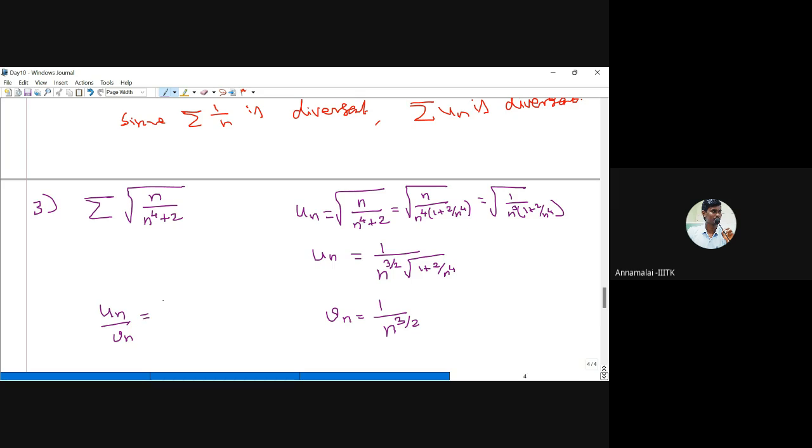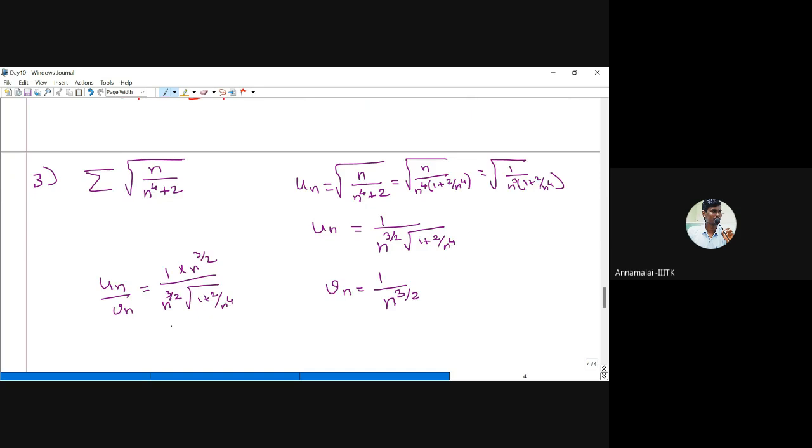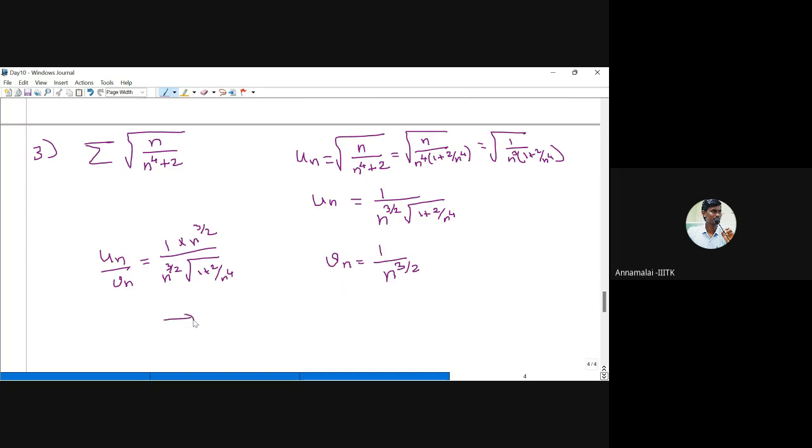So we have 1 by n power 3 by 2 into square root of 1 plus 2 by n power 4, divided by 1 by Vn, so we multiply again by n power 3 by 2. We can cancel n power 3 by 2 and then apply n goes to infinity. In the numerator we have 1. In the denominator this goes to 0, and we have square root of 1, which is 1. So this is nothing but 1, and this is a non-zero number. Therefore, both the series have identical behavior.